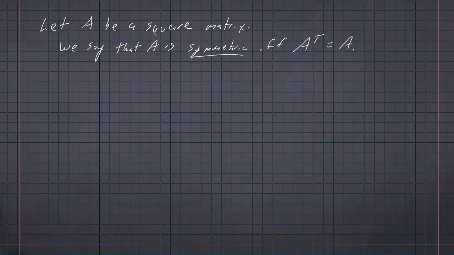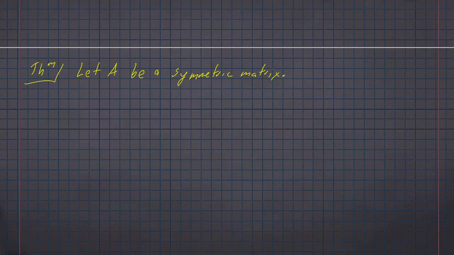And there are going to be plenty of things we can do with symmetric matrices in the coming lessons. One of my favorite has to do with orthogonal vectors and eigenspaces, the things we've been talking about recently. So let's let A be a symmetric matrix.